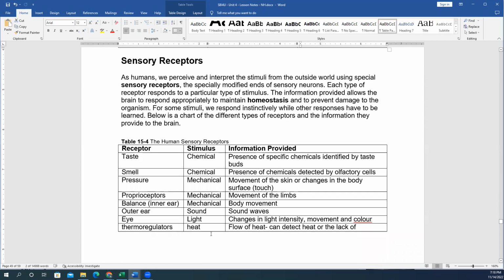So if we look at the sensory receptors that we talked about, we can perceive and interpret various stimuli from the outside world using our special sensory receptors.